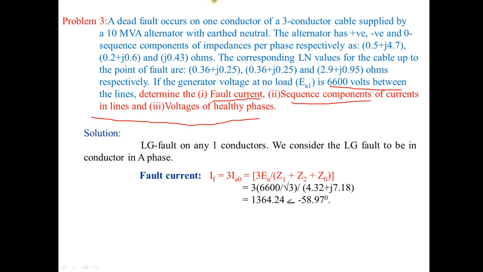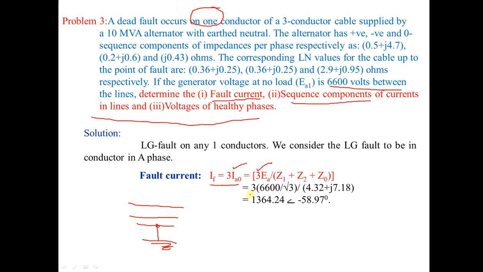And here we are going to consider only one conductor, okay, for line to ground fault to be conducted in A phase. So this is mine, and any one line, okay, line to ground fault. So with the same formula we derived, fault current is 3 times of I naught, so 3 times of EA by Z1 plus Z2 plus Z0, okay.